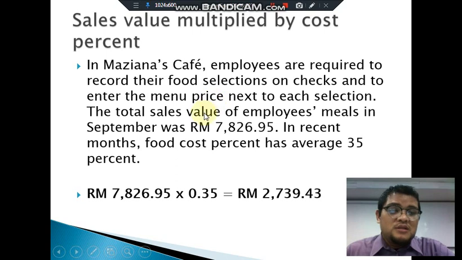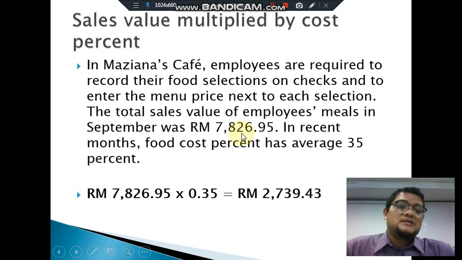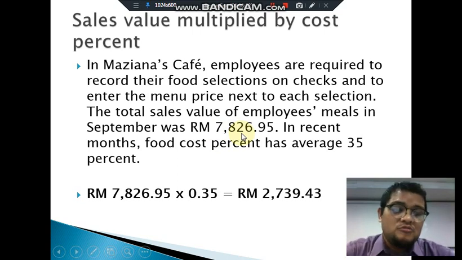You can actually omit the word sales, never mind. The total value at the end of the month, when you calculate the price of what people ate in the restaurant, is 7826.95. This is the total price of food that employees eat in your restaurant. They eat what the customers eat. So this is the value.